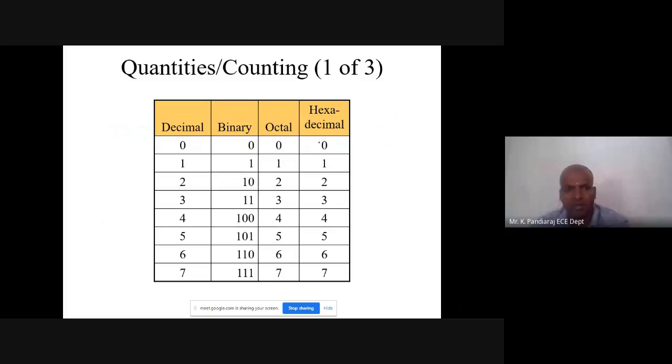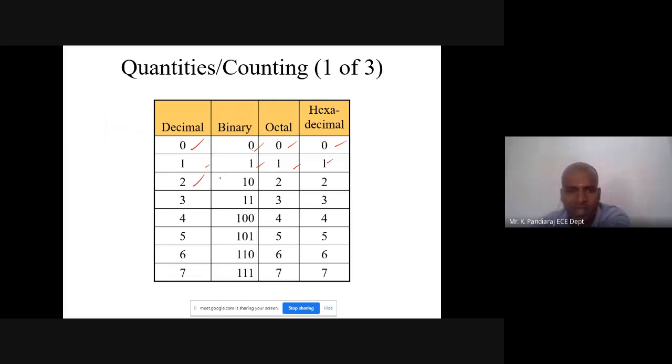Now let's see how to represent numbers in the four different number systems. Let's take 0 in decimal. In all the number systems, it is represented as 0, and 1 is also the same.